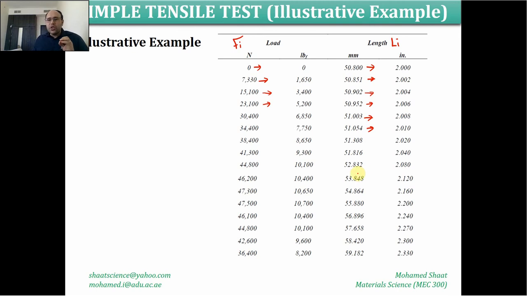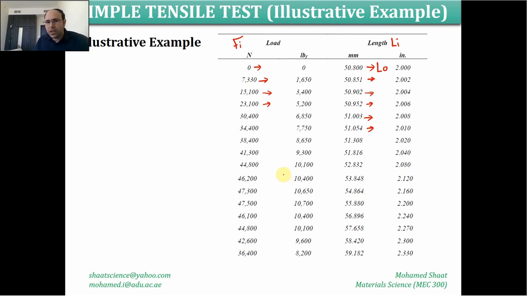If we subtract the original length, the first length, L0, from the new length, this is at instant 0. Initially, it was 50.8. If we subtract 50.8 from any one of these values, we're going to end up with the corresponding value of the elongation that corresponds to this applied instantaneous load.